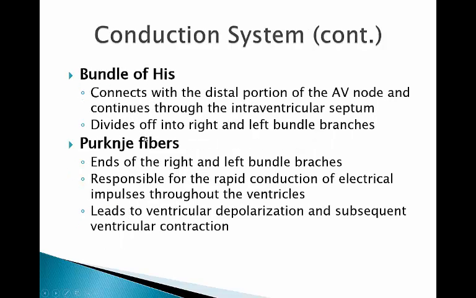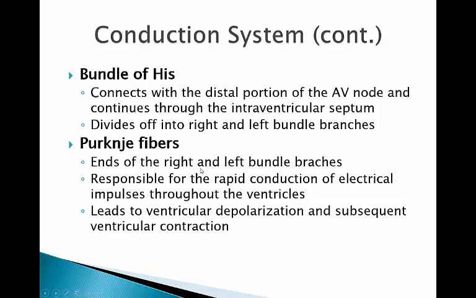All right. So moving on down the line, we've got the bundle of His. It connects the distal portion of the AV node, and it goes through the interventricular septum, and it goes off into the right and left bundle branches. They go down through the left and right ventricles. And then you've got Purkinje fibers.